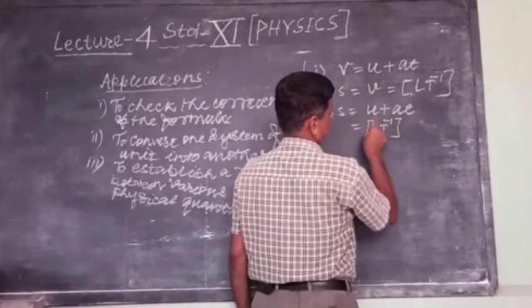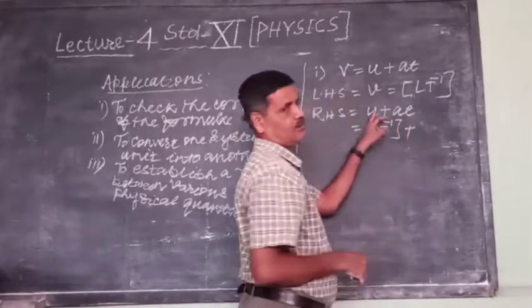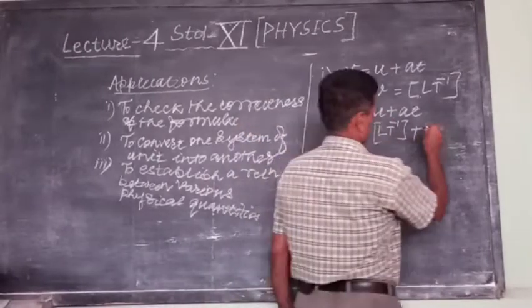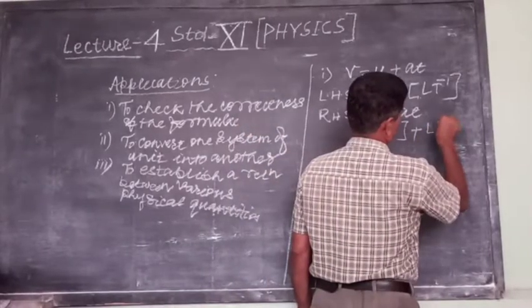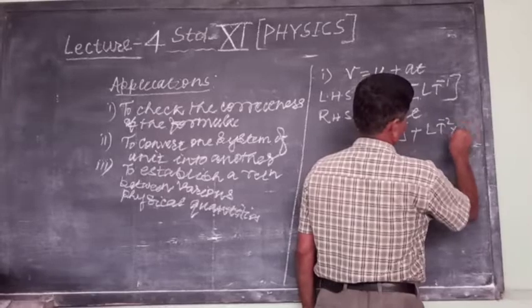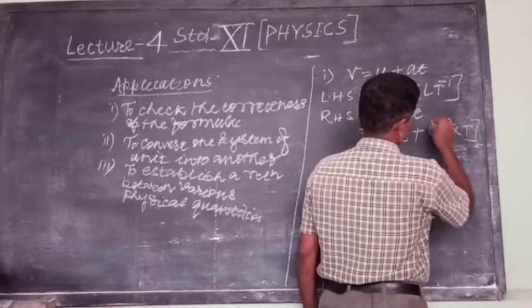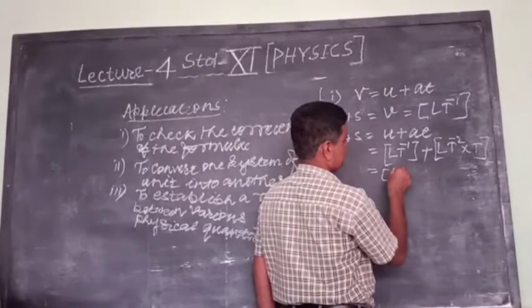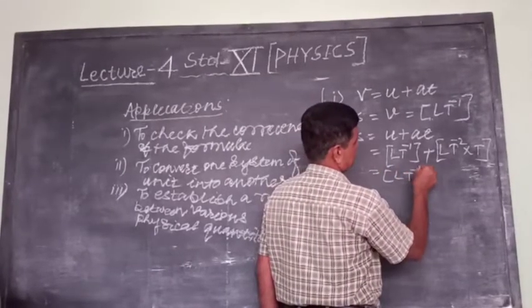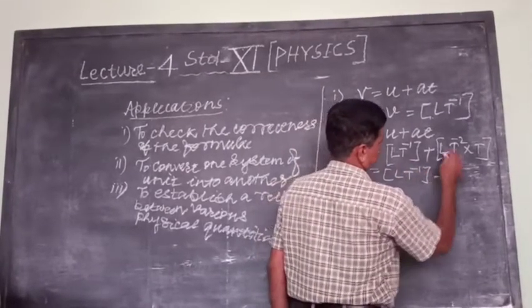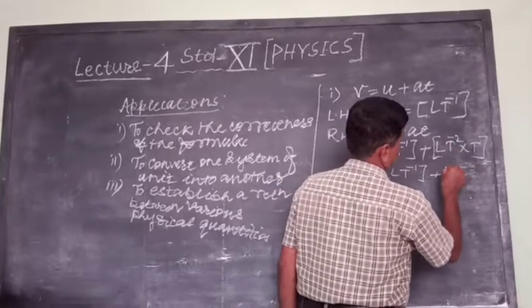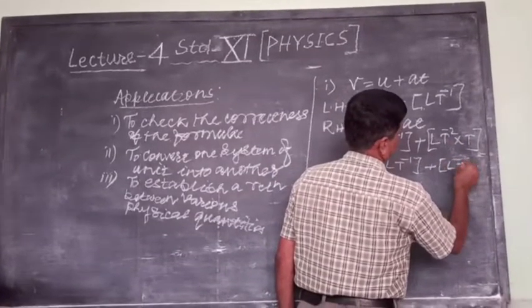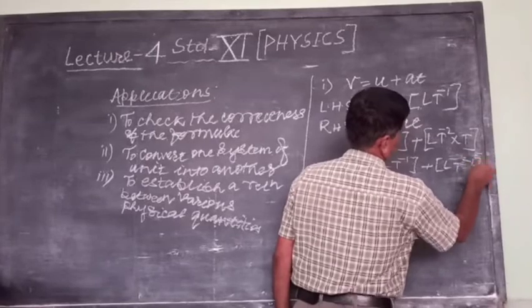This plus A, acceleration, LT minus 2 multiplied by time, that is T. And we will write it as LT minus 1 plus this into this will be LT minus 1.